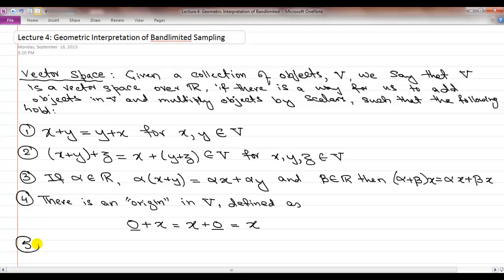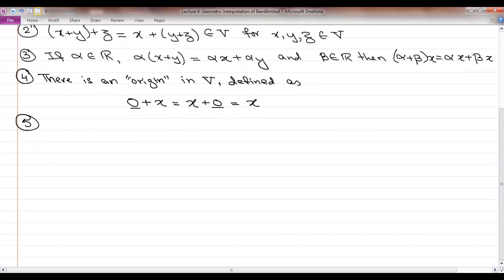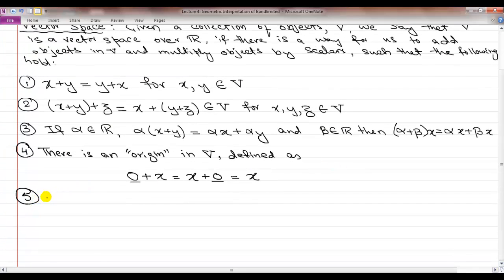The fifth property of vector space is that there must be a unique additive inverse. So for every x belonging to the vector space, there exists a unique vector which we are going to denote by minus x.